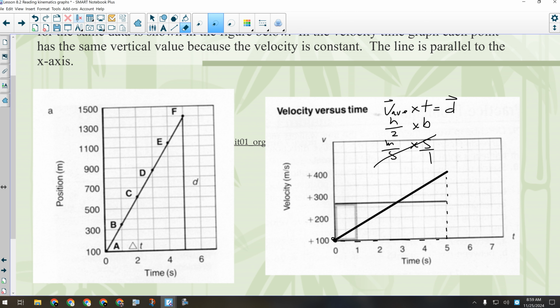So that would be like 250. So we'd have 400 minus 100, so the height would be 300, right? Over 2, so 150. So the height over 2 is 150 times 5. Okay, so 750, I think. I could be wrong. I shouldn't do math in my head, especially on a Monday morning without coffee.